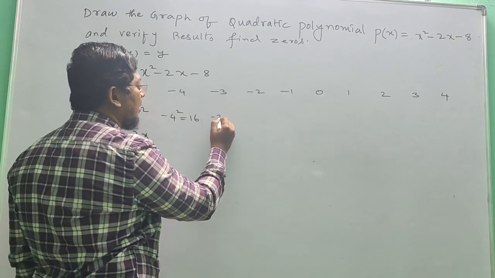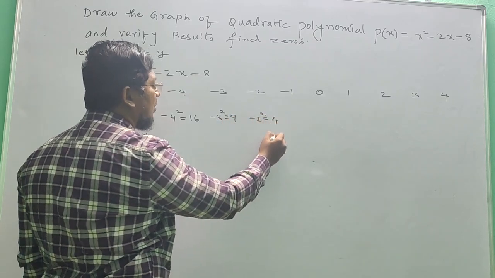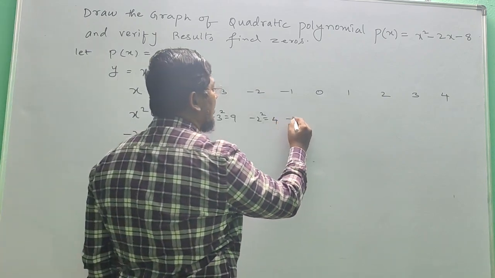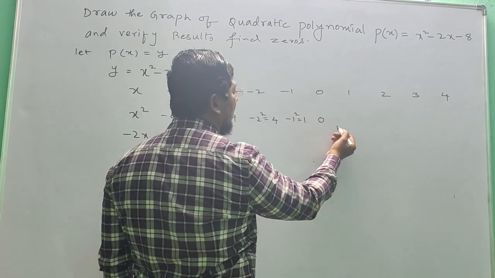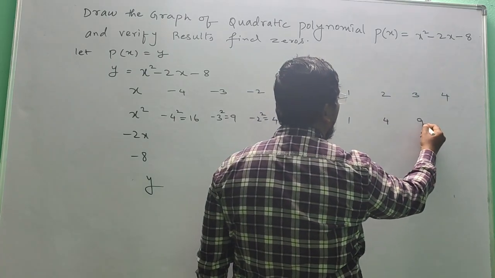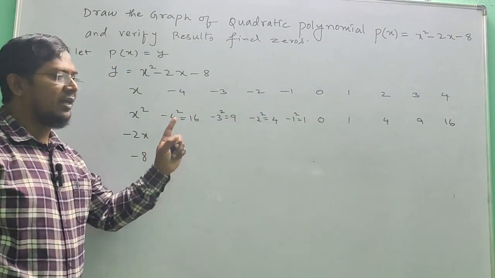Minus 3 square is 9. Minus 2 square is 4. Minus 1 square is 1. 0 square is 0, 1 square is 1, 2 square is 4, 3 square is 9 and 4 square is 16. So we have all these square values.